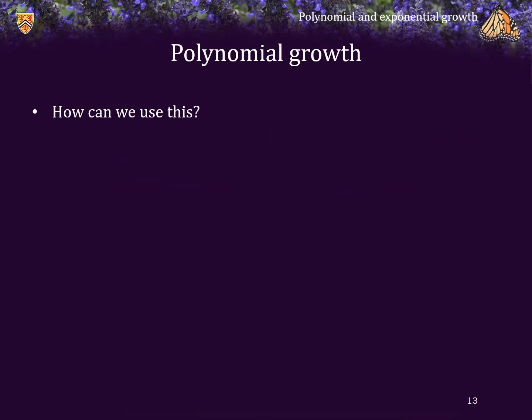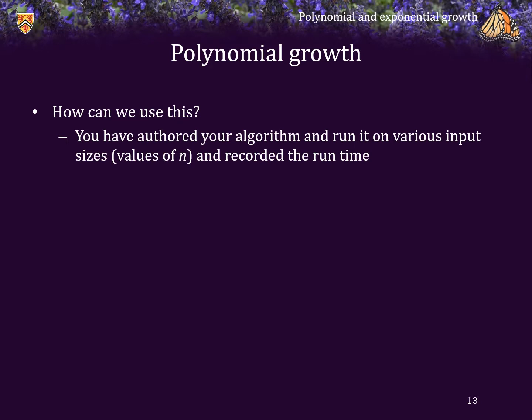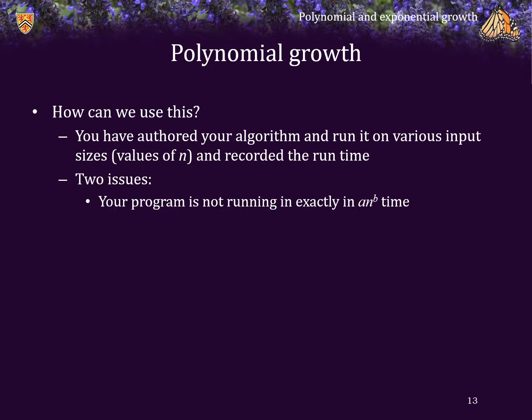All right, how are we going to use this? Well, suppose you've authored an algorithm and you've run it on various input sizes, that is, different values of n, and you've recorded the runtime. Now there's two issues here. First, your program is not going to be running in exactly a times n to the b time.